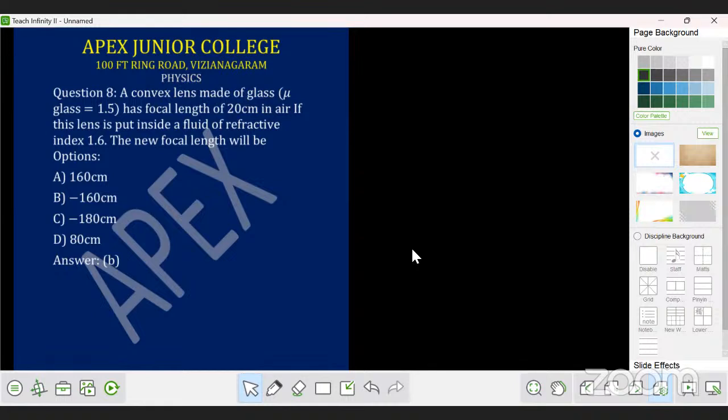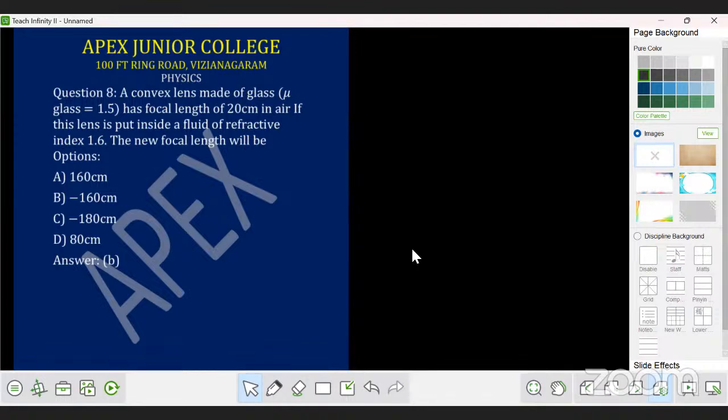A convex lens made of glass. The refractive index of glass is given, that is 1.5. Has focal length 20 centimeters in air. If this lens is put inside a fluid of refractive index 1.6, then the new focal length will be.